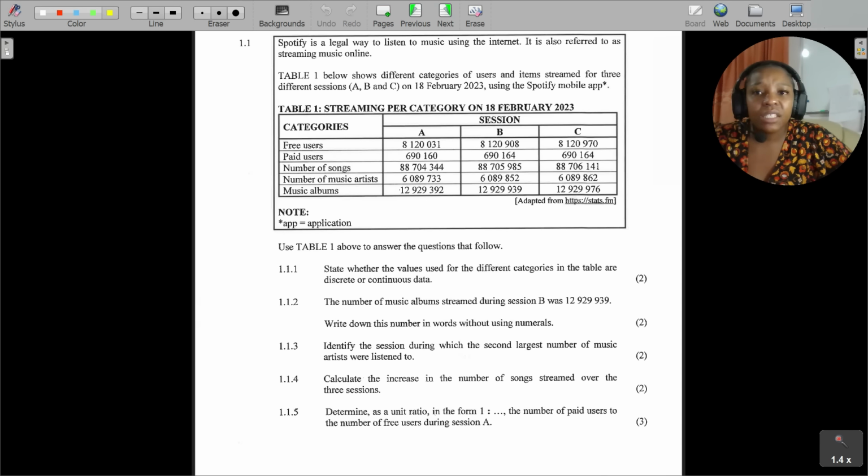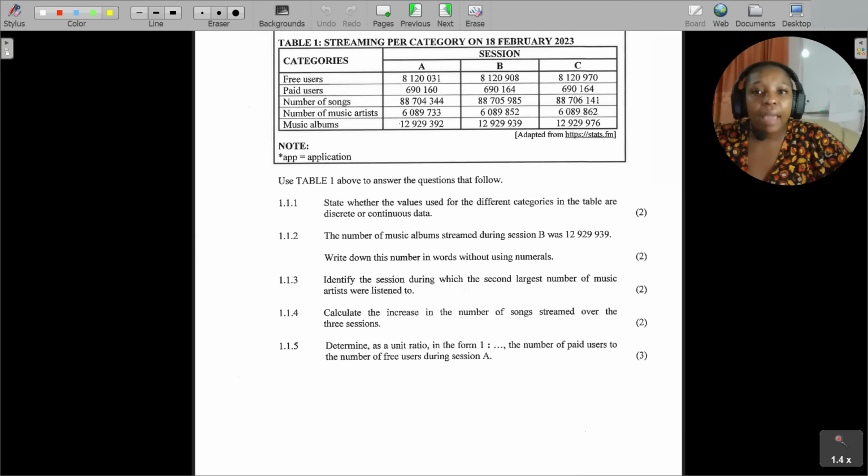We're given these categories: free users, paid users, number of songs, number of music artists, and music albums. Note that app just means application. Use table 1 above to answer the questions that follow.